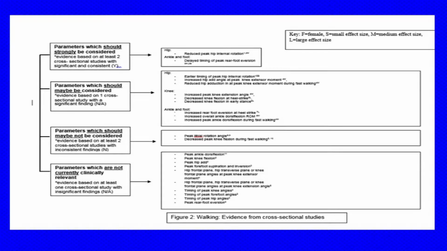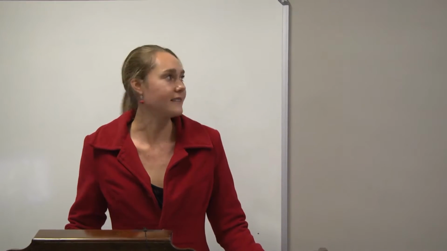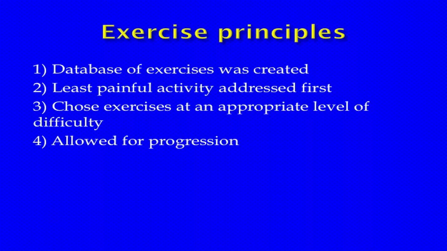That's an example of the algorithm for gait. That's how we graded the risk factors according to whether the findings were consistent and significant from different studies. And this is based on a systematic review.